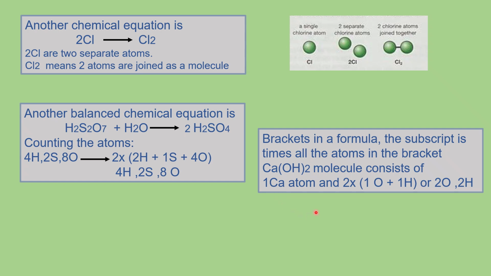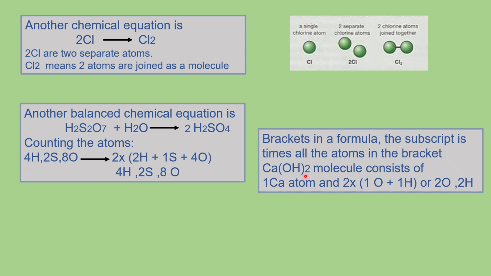But what about if you have brackets in a formula? This is calcium hydroxide. As you see, OH is surrounded with a bracket and you have a subscript of 2. This molecule consists of 1 calcium atom, then you multiply 2 times the number of atoms within the brackets. When you don't see a number, it means 1.